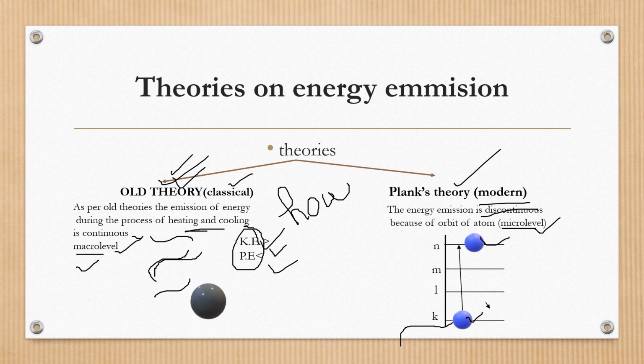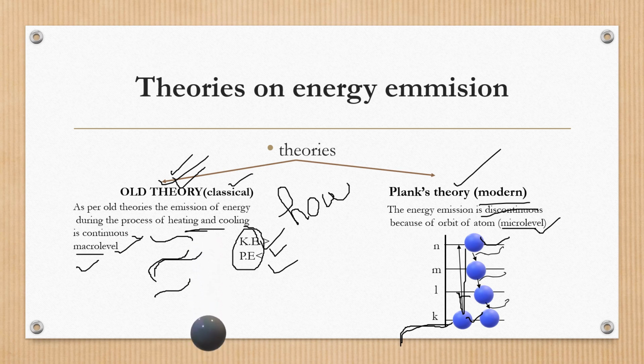Now when we give it energy, it will absorb energy and its energy level will become high. As energy increases, it will go up. But we know that the more energy, the more instability. So to gain stability, it will go down and down and down. When it is coming down, it releases energy.